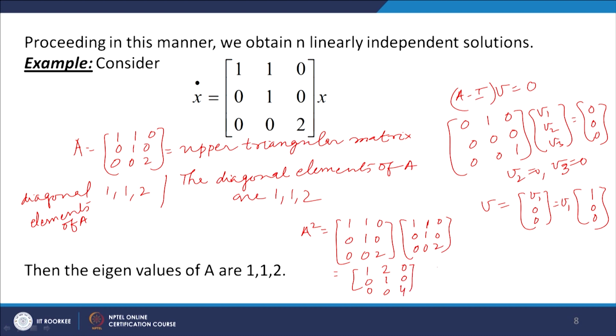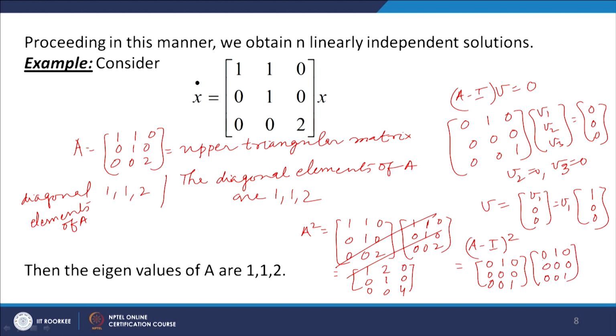So, this is A squared, I do not need this, I need (A minus I) whole square, sorry. So, (A minus I) whole square is (0 1 0; 0 0 0; 0 0 1) times (0 1 0; 0 0 0; 0 0 1).